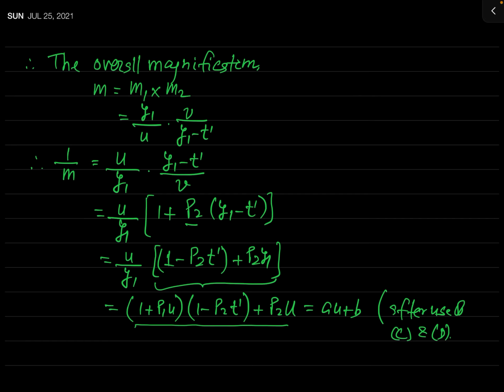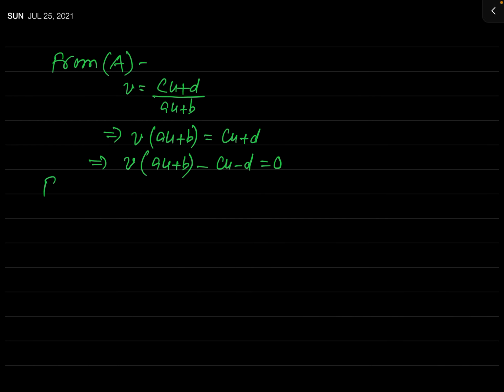So according to equation B, you can see AD will be equal to BC minus 1. And we will actually use this result in this equation.